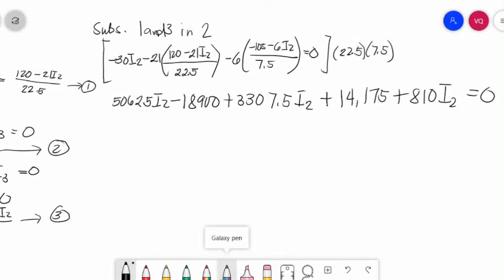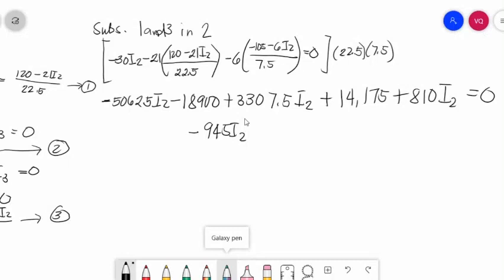This is negative. Combining all the like terms, negative 5,062.5 plus 3,307.5 plus 810 is equal to negative 945 I2.